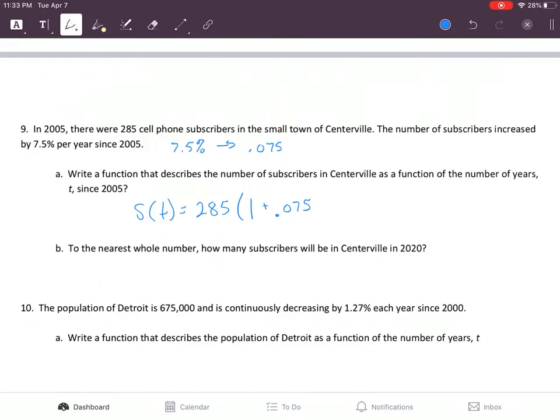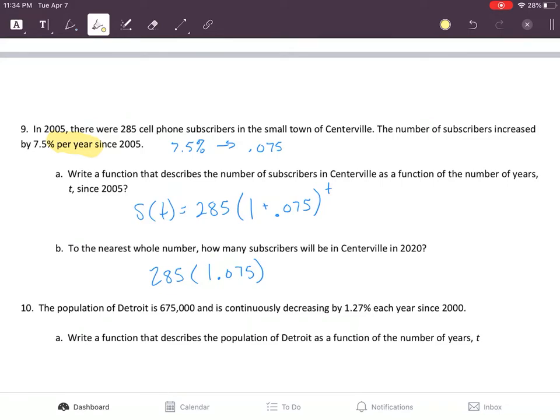You put that down in there. Again, because we're doing per year, that's once for a K value. So your K value is going to be 1, and then K times T is 1 times T, which is T. So we put this into part B. We got 285 times 1.075.